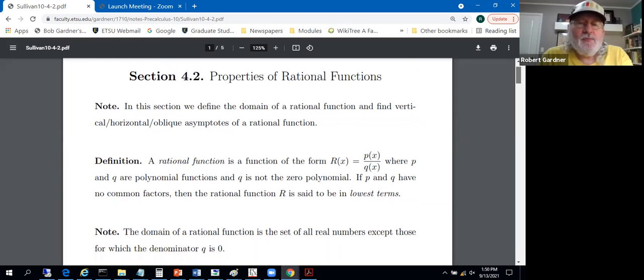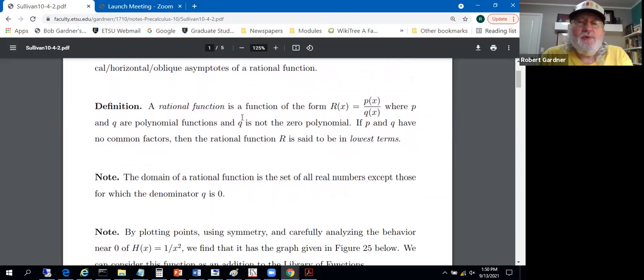So a rational function is a function of the form r of x equals p of x over q of x, where p and q are polynomials. Q is not the zero polynomial, the constant polynomial equal to 0. In fact, some people don't even consider the constant polynomial equal to 0 as a polynomial.